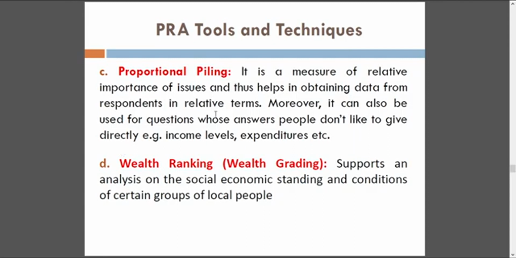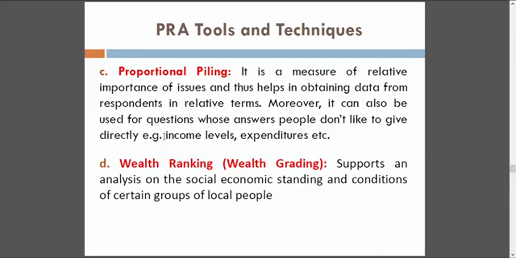For example, we look at income levels and expenditures. These are questions that farmers might not want to answer directly. So we use proportional piling as a way of enabling people who cannot directly answer specific questions to respond to these issues.